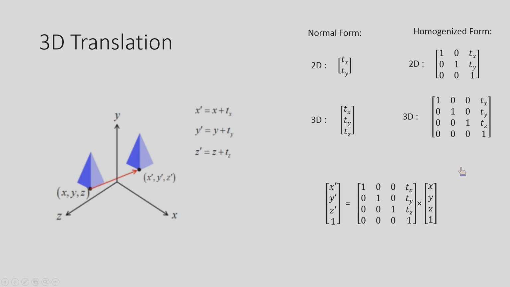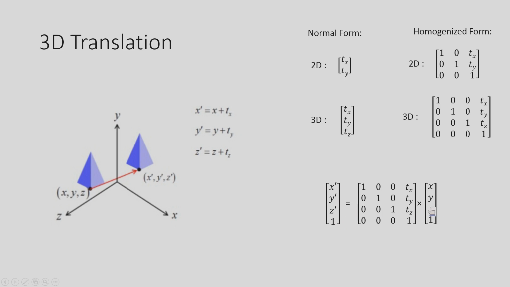And if we have to represent it in the equation form, it can be done like this. First of all, another change is the point matrix. Earlier we had x, y, 1, this time we have x, y, z, 1, a 4 by 1 matrix. So this is the point matrix, and this is the translation matrix, and translation matrix multiplied with the point matrix gives you the point matrix for the new location, x dash, y dash, z dash, 1.